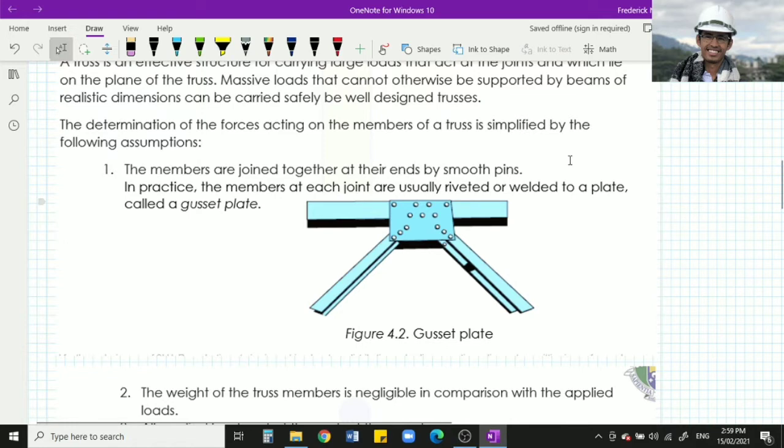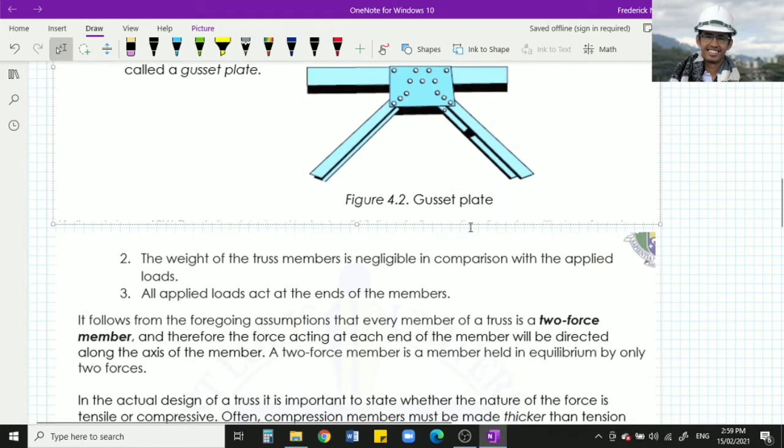In actual practice, members at a joint are usually riveted or welded to a plate called a gusset plate. In actual practice, it is riveted or bolted. So this is the member of our truss and this is its joint. It can be welded or riveted.